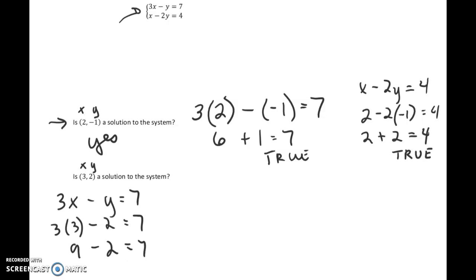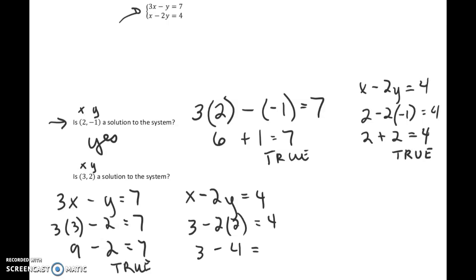All right, so true statement there. And now we're going to take that point, but we've got to use the other equation. The other equation is x minus 2y equals 4. And we're plugging in 3 for x and 2 for y. Now this time we're getting 3 minus 4.